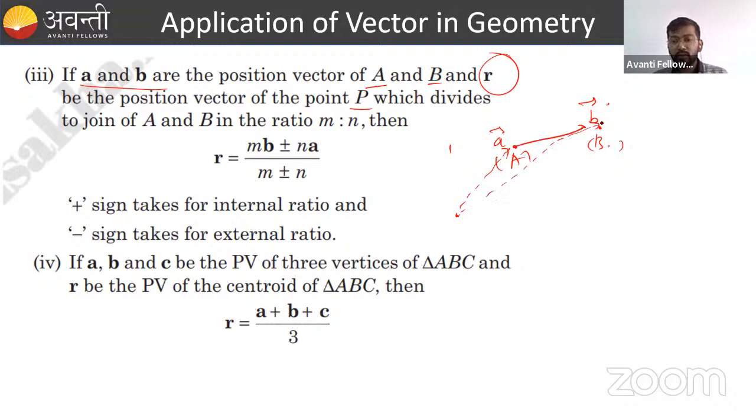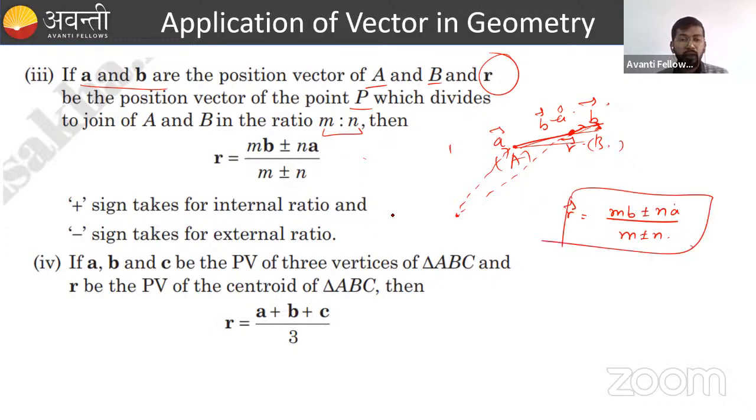So the join is B bar minus A bar. Okay, so when you join this line, if this point is dividing this line in the ratio m:n, then R bar, the position vector, can be found by solving this relation.